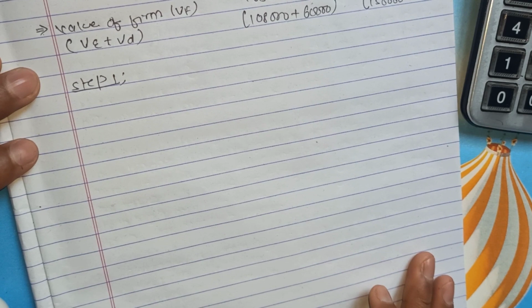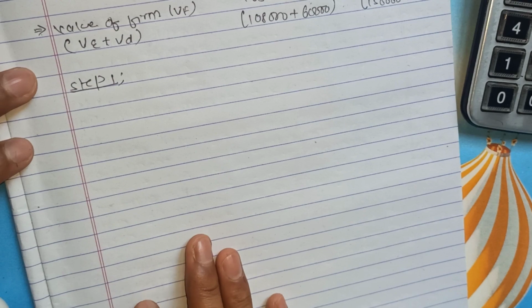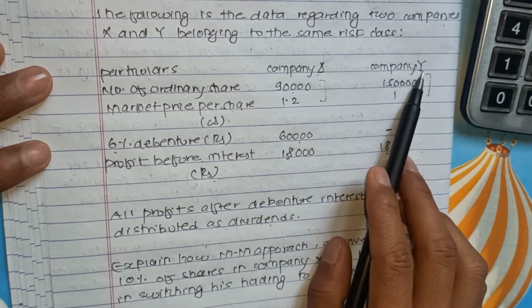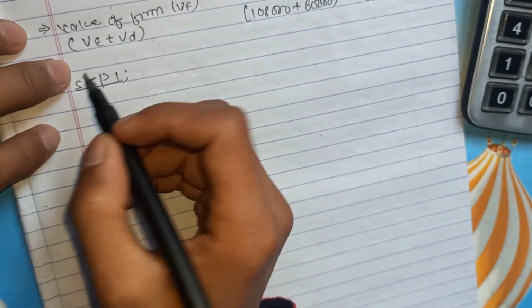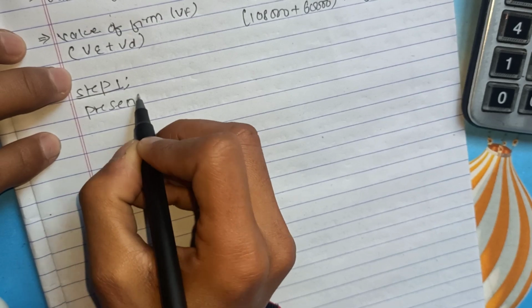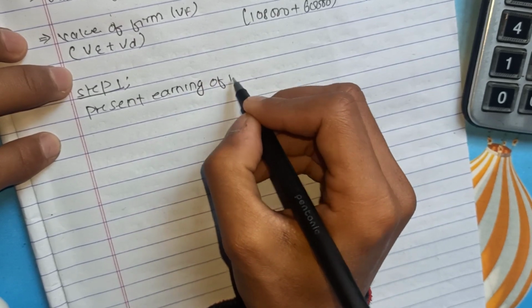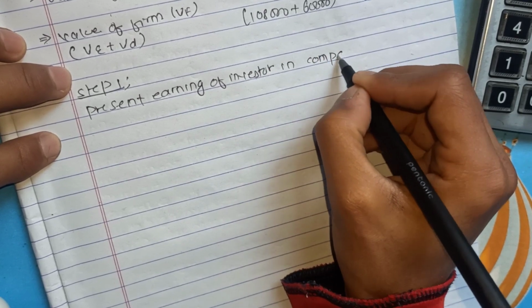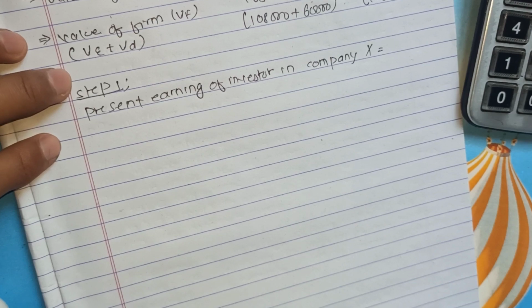The question says that the investor who has invested in company X is willing to switch to company Y. Now the present earnings of the investor in company X. How much is the present earning of the investor in company X?